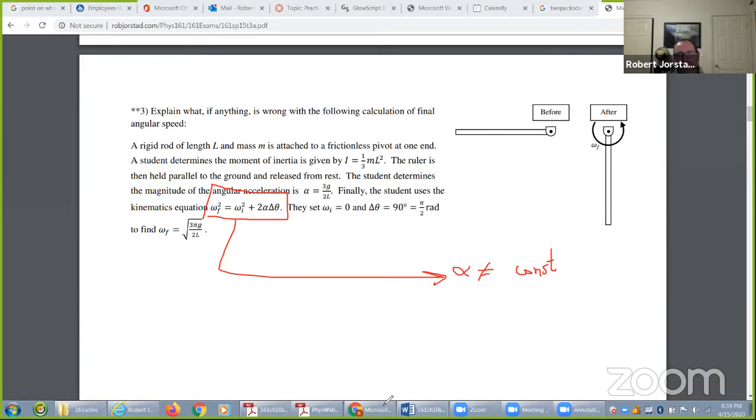Right? Can't use kinematics. Swinging motion is the one where you can't do that, right? That's true initially. So that's the initial alpha. Alpha initial equals this garbage. But alpha final equals 0. Alpha is not constant. So this is not valid. That's why that fails. All right, that's cool.